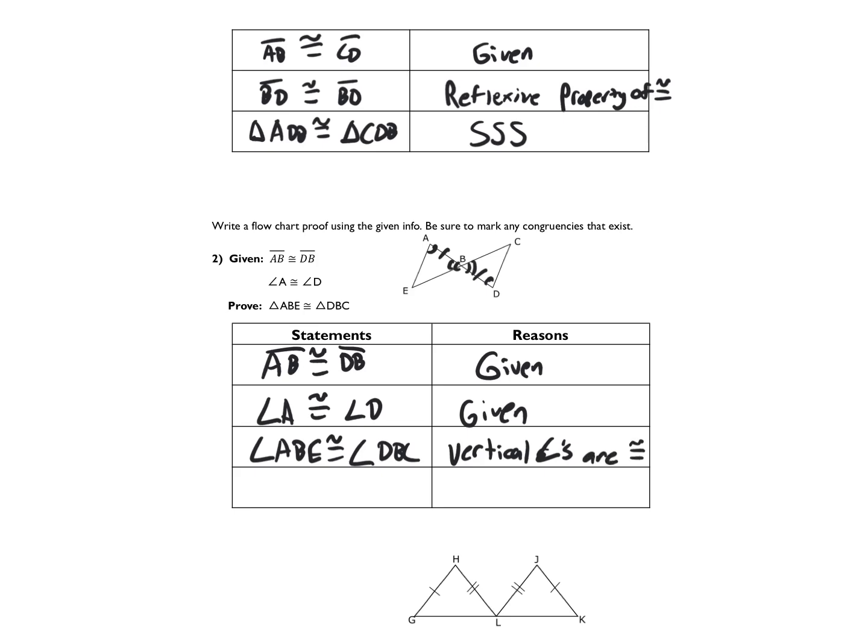Either way, it means the same thing. So now I have a pair of angles, a pair of sides between, and then another pair of angles. So that means I have angle, side, angle, and I can prove that triangle ABE is congruent to triangle DBC because of angle, side, angle.